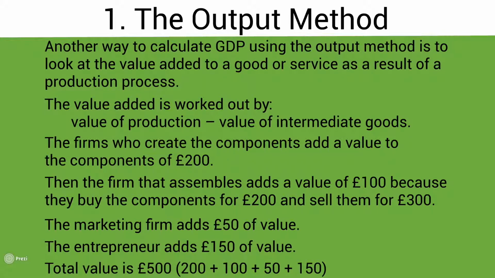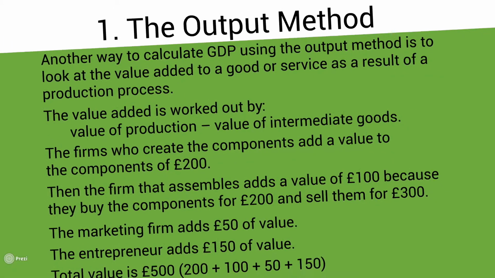So the total value is £500, which is £200 from the components, £100 from the company who puts the components together, £50 from the marketing firm, and £150 from the entrepreneur, which works out to be £500. So this laptop adds a value of £500 to GDP. This method is used for all goods and services to work out the value of GDP in an economy.